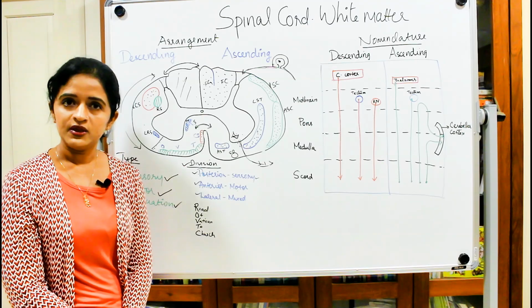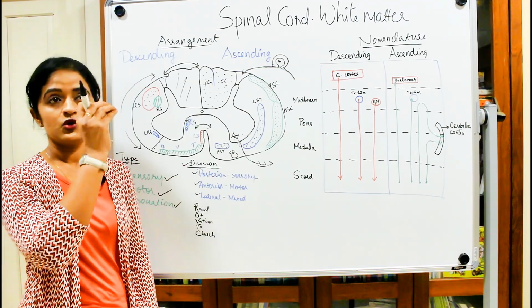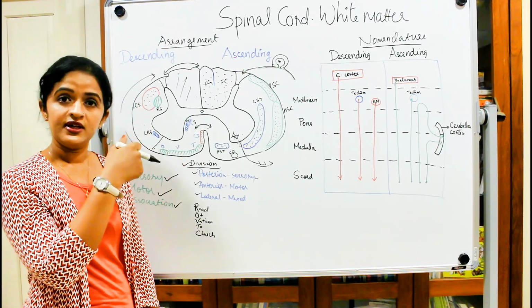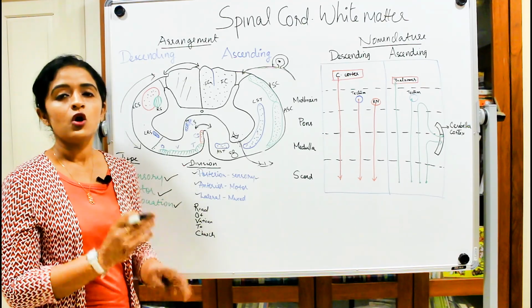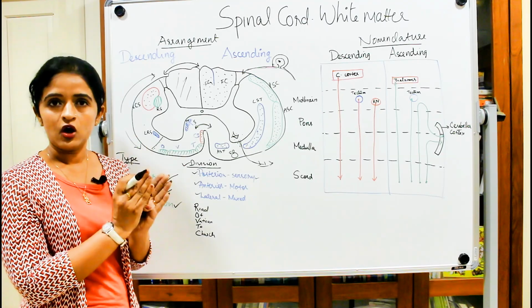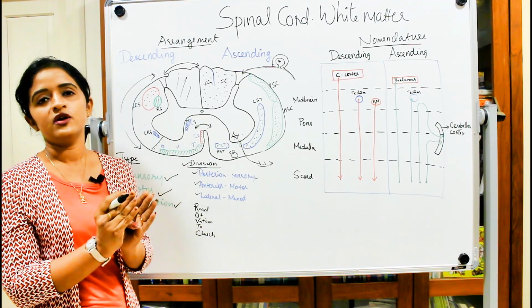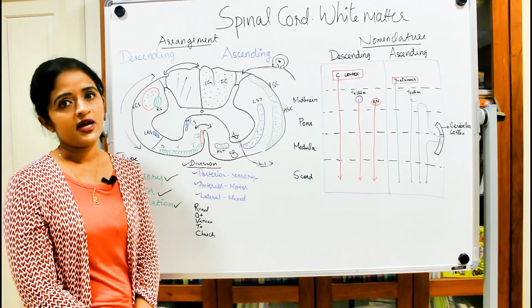A nerve tract is made up of a bundle of nerve fibers which originate from one common point, have a common course and terminate at one single point. So all those nerve fibers which have a common origin, a common course and a common point of termination, you call a nerve tract.